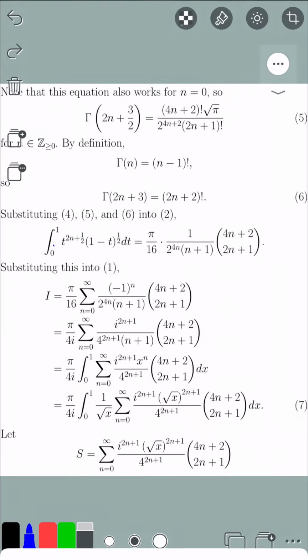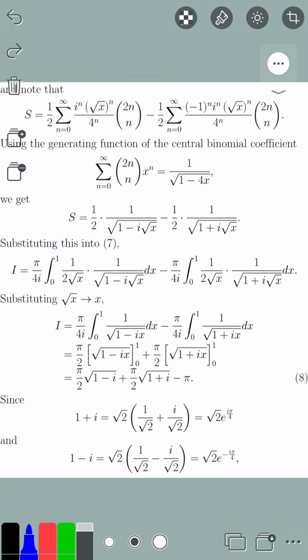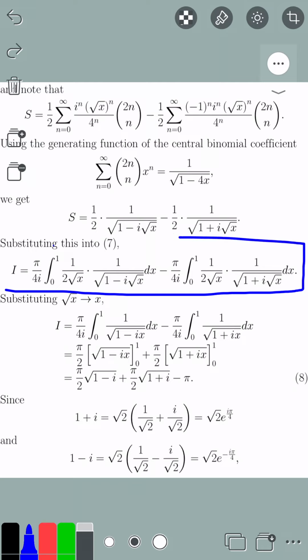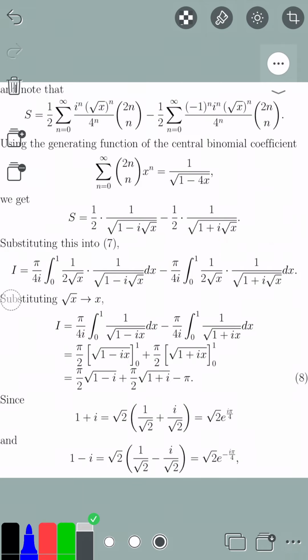So after substituting that result for the series into the equation for I, we get I is equal to pi over 4i times the integral from 0 to 1 of 1 over 2 times square root of x times 1 over square root of 1 minus i times square root of x dx, minus pi over 4i times the integral from 0 to 1 of 1 over 2 times square root of x times 1 over square root of 1 plus i square root of x dx.